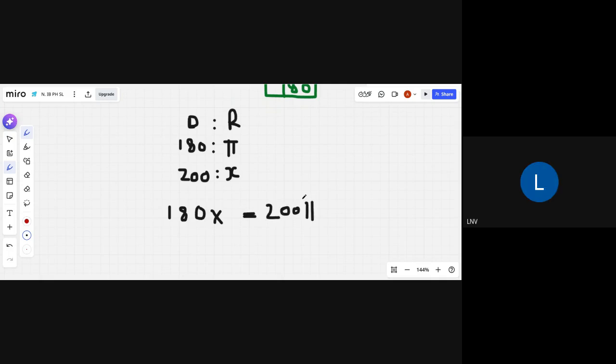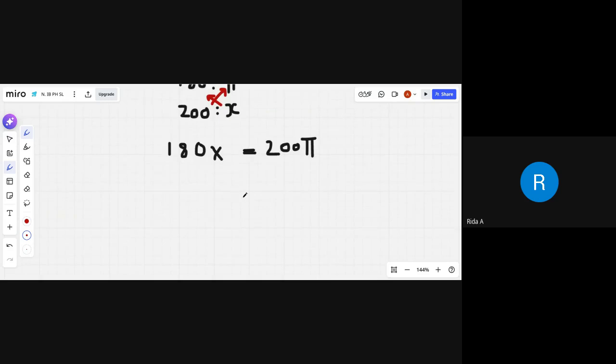So you set up a ratio and then you cross multiply them. 180x is equal to 200 pi, and x would then be this 200, which is your value in degrees, multiplied by pi, and this 180 from the left-hand side goes to the right-hand side and gets divided over 180.